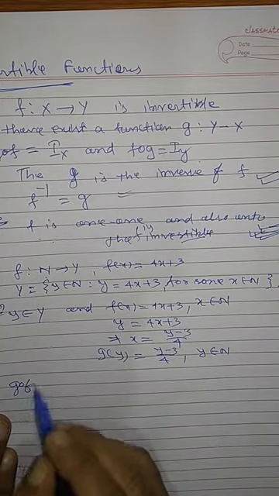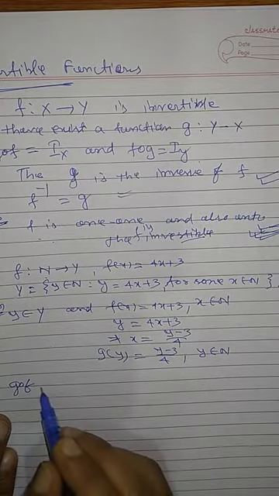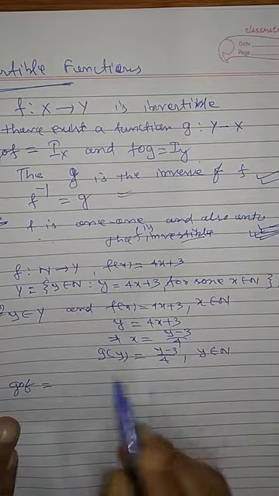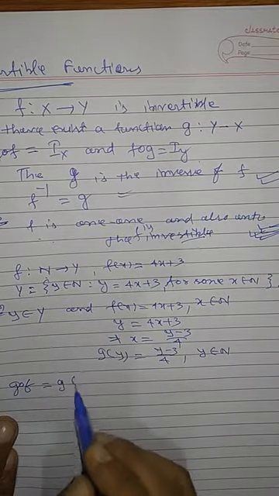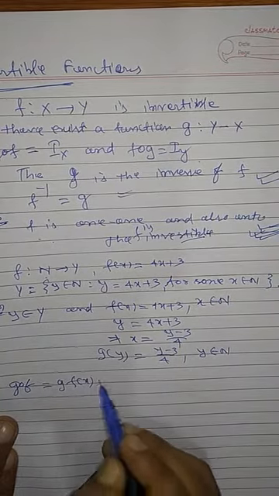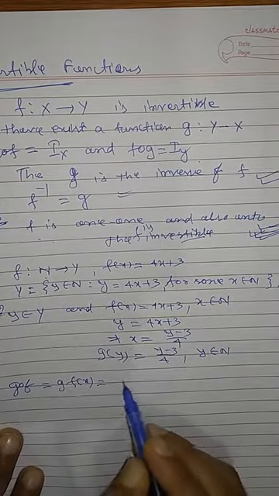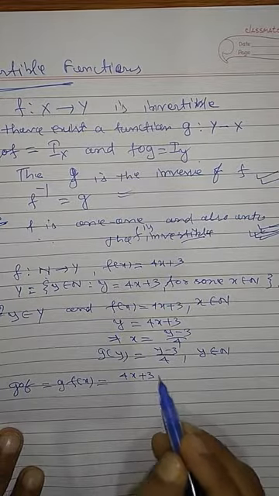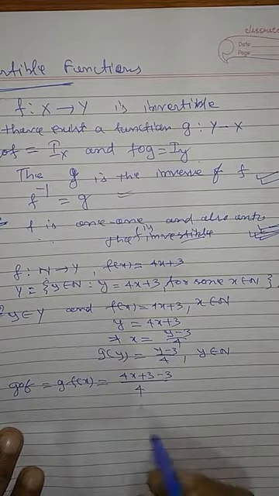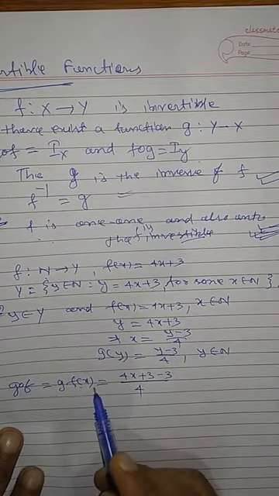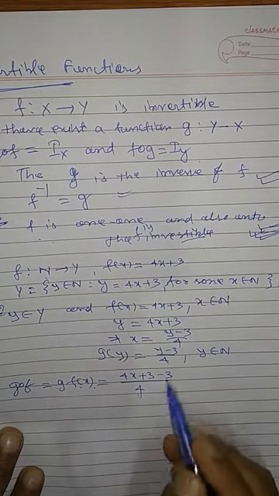Similarly, g of f means g of f of x. So g of f of x is equal to (4x plus 3 minus 3) by 4. Instead of y, write f of x, so (f of x minus 3) by 4.